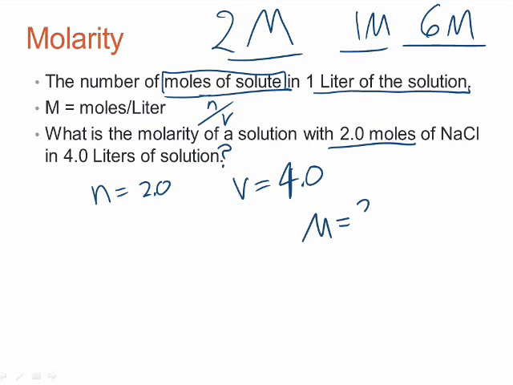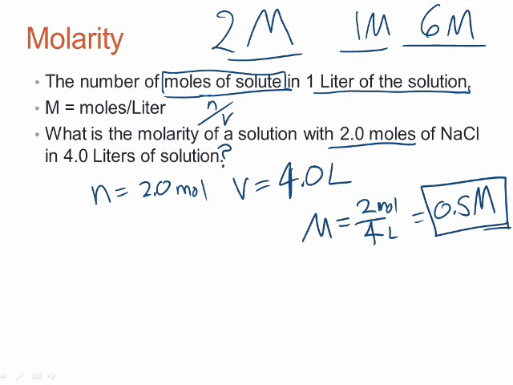Molarity just equals moles over liters. We need to put our units there. 2 moles over 4 liters, and we have 0.5 molarity. So that's our molarity, 0.5. Doesn't have that many moles, not even 1 mole per liter. Whereas something with 6 molar has 6 moles per liter.